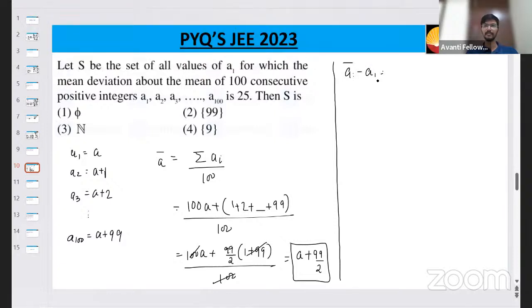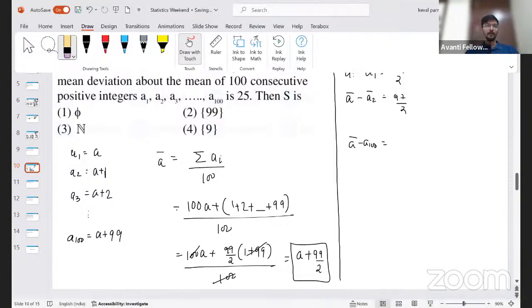So A bar minus a1 is 99 by 2. A bar minus a2 is 97 by 2. Similarly, A bar minus a100 is A bar minus a100.